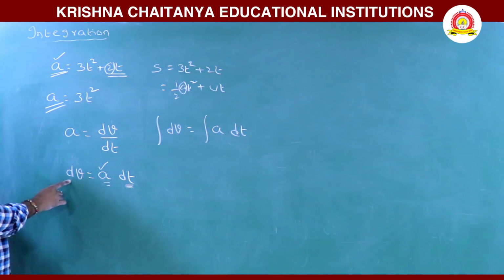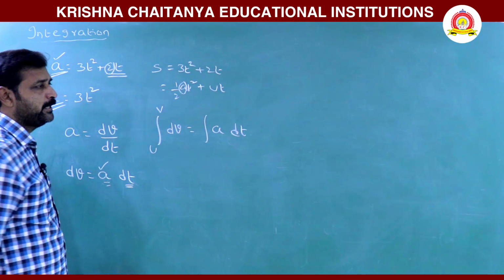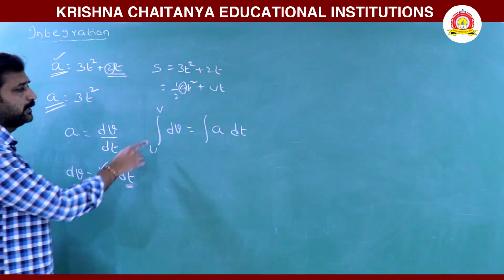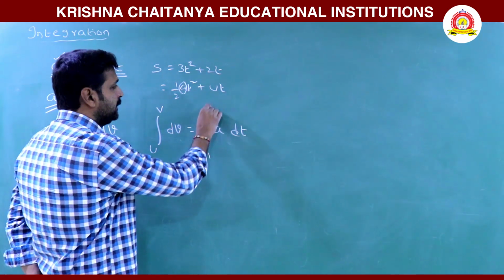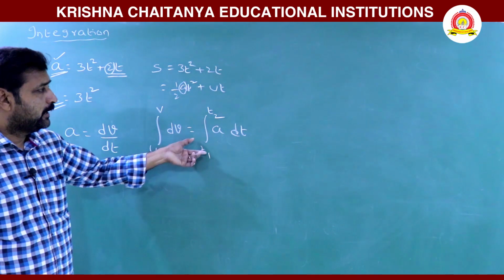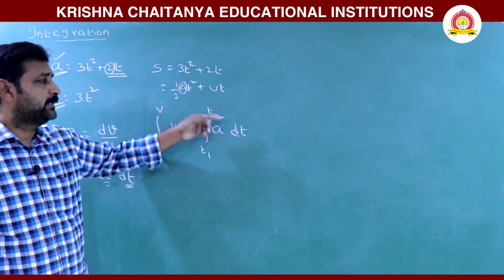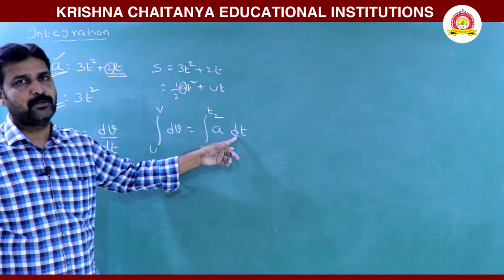So, here velocity changes from initial value to final value. So, here integral u to v dv, time changes from t1 to t2. Here the limits should be in the same physical quantity with respect to what you are integrating. Okay.